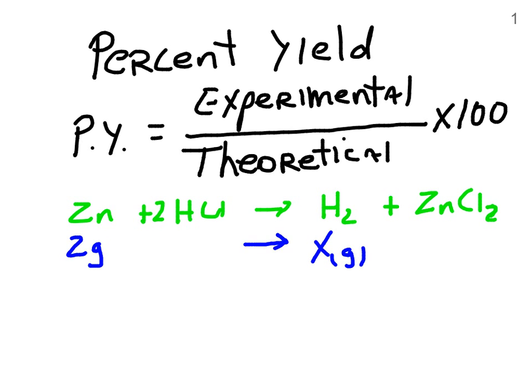So according to the theoretical, here I am, I'm calculating the theoretical yield. I would take those 2 grams of zinc, I would change that to moles. 1 mole of zinc has a GFM of 65 grams per mole.